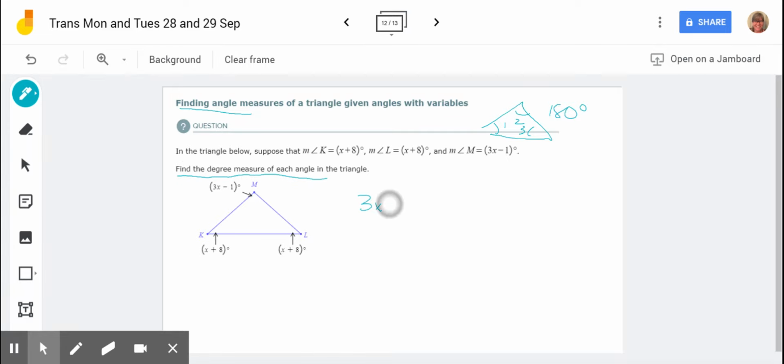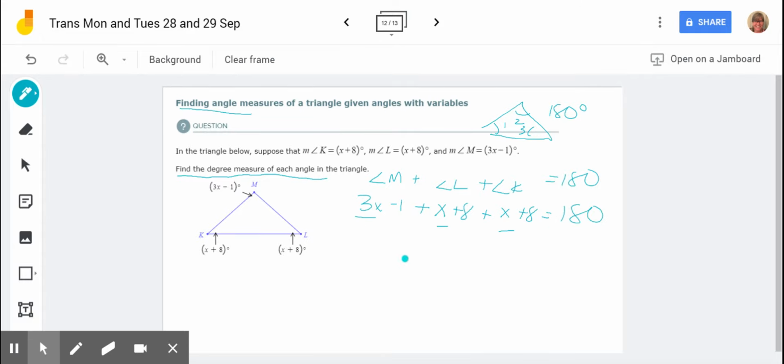So basically, all you have to do, and I should have done this in words first: angle M plus angle L plus angle K equals 180. So 3x minus 1 plus x plus 8 plus x plus 8 equals 180.